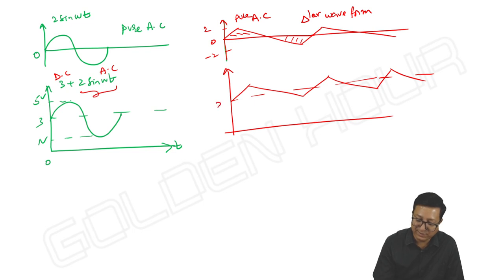Then it is like 3 volts, 5 volts and 1 volt. Means I can write 3 plus our triangular waveform.